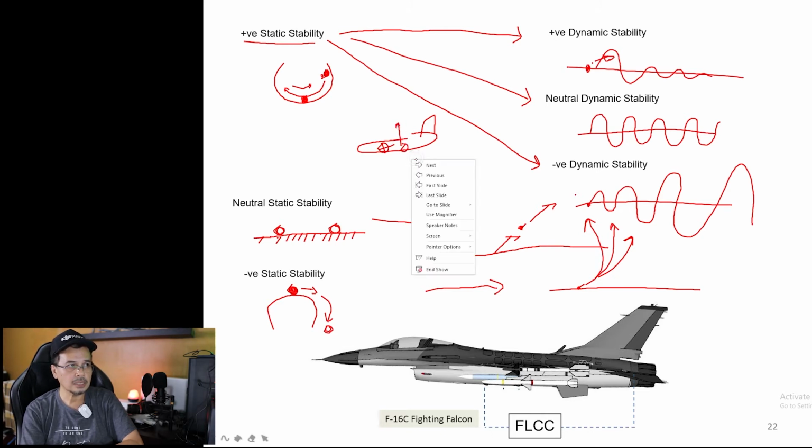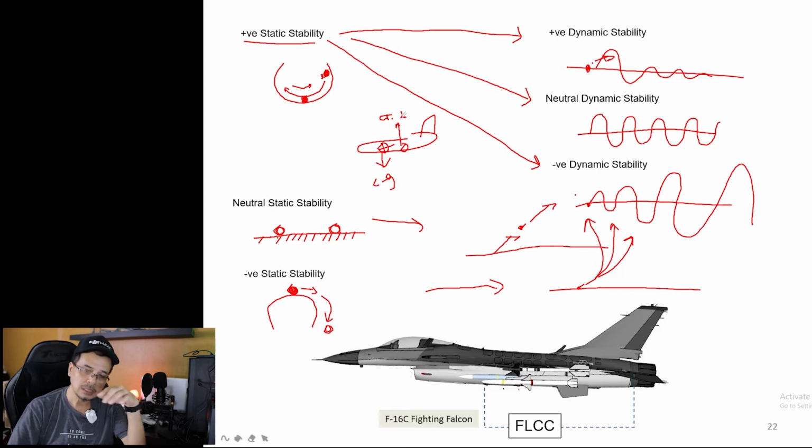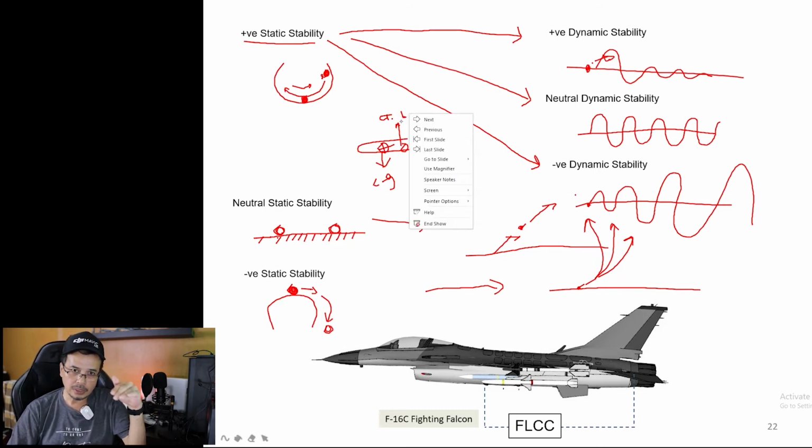So we have what we know as the aerodynamic center and the CG. The aerodynamic center refers to the center of the lift created by the wing. So for the commercial plane, to develop positive static stability, the CG has to be in front of the AC. The commercial plane is designed so that the weight is at the front and the wing is at the back for its lift.